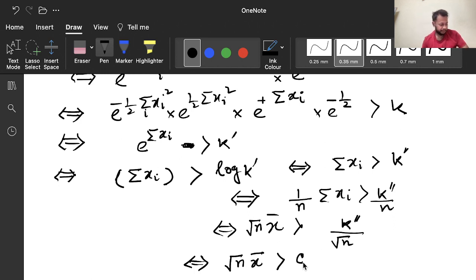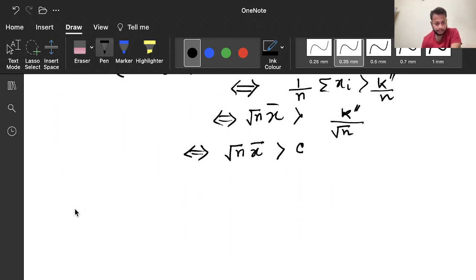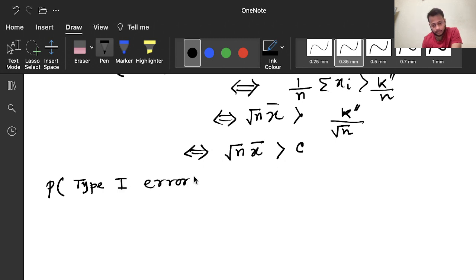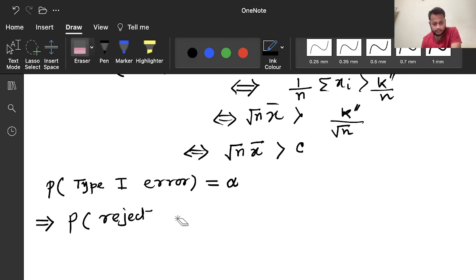Suppose C. Now the probability of type 1 error is alpha, and what is this? This is the probability of rejecting the null hypothesis, that is H0, when it is true.